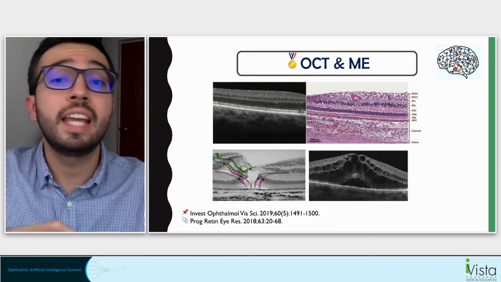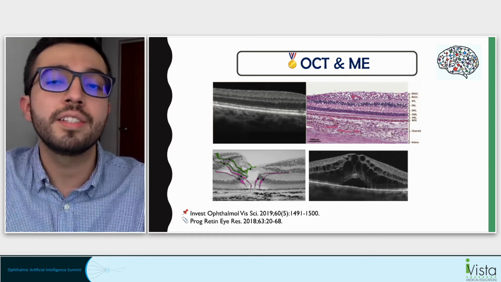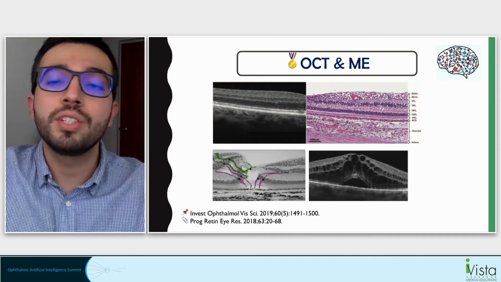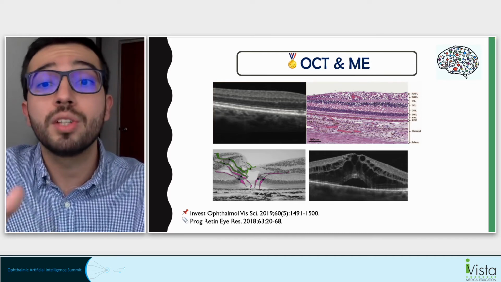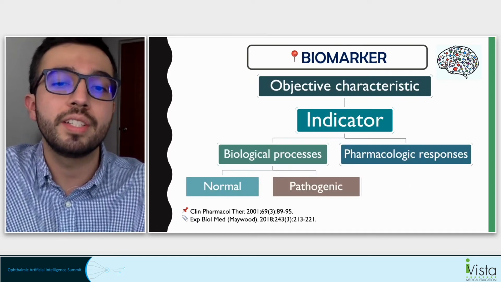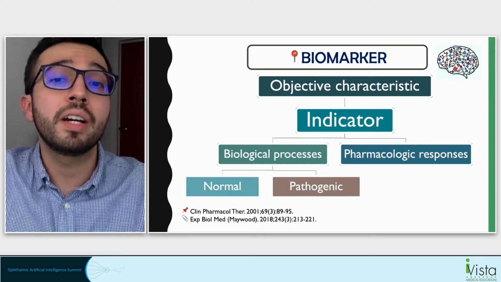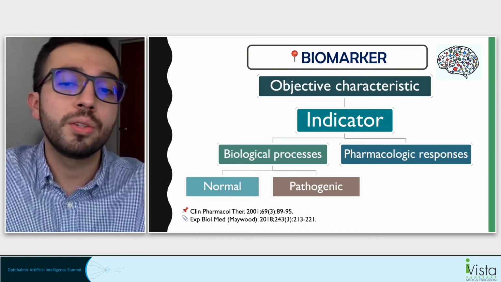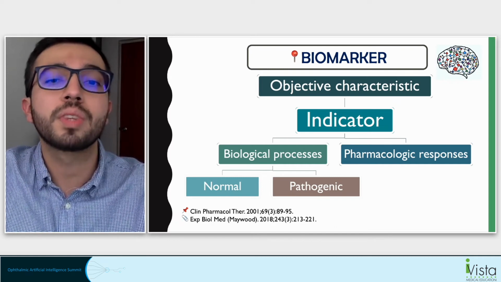OCT is the gold standard test for evaluation of macular edema by the proper recognition of location, extension, and some specific patterns or characteristics that are known as biomarkers that could be evaluated as indicators with diagnostic and predictive values.